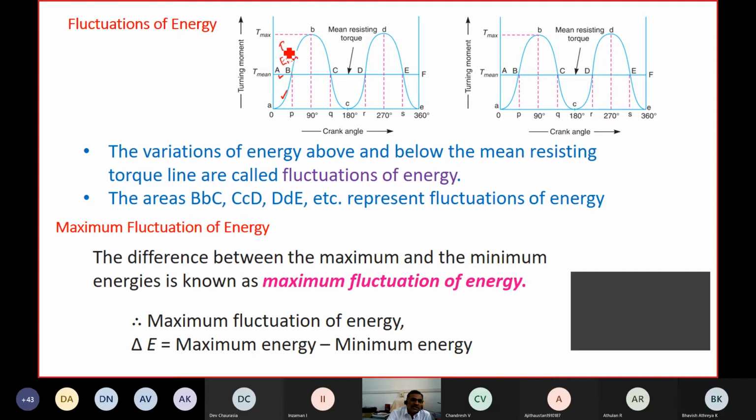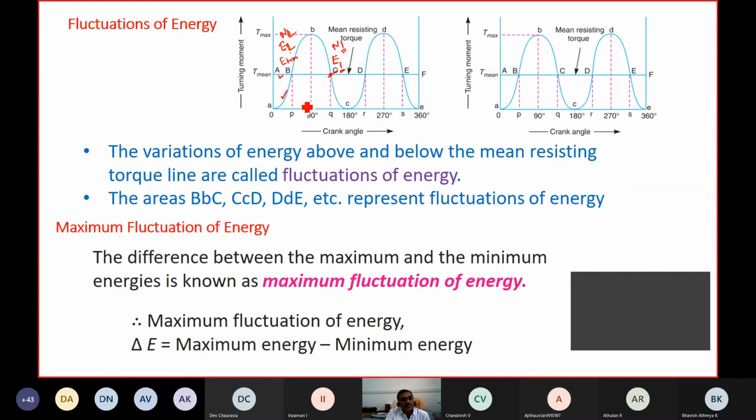So let us take this as E1 and N1, speed equal to N1. From here, the speed is slowly increasing, energy is increasing, up to this point, where the torque is more than the required value. So here, let us take this as E2, N2. This is E1 and N1. N1 is maximum speed, E1 is maximum energy.